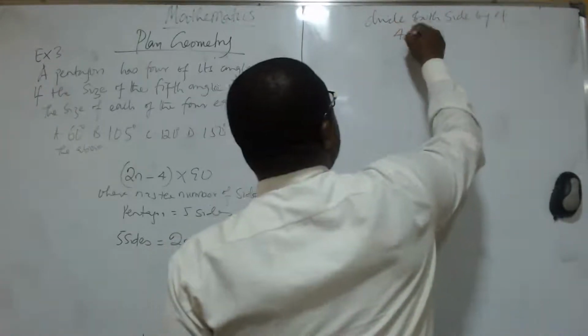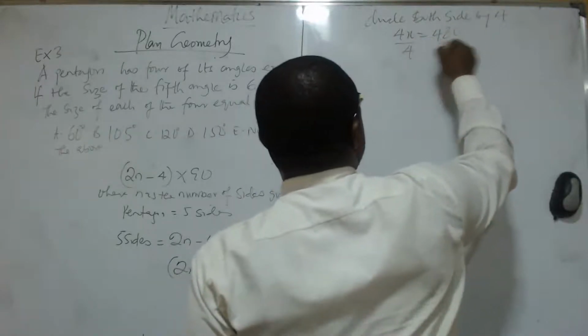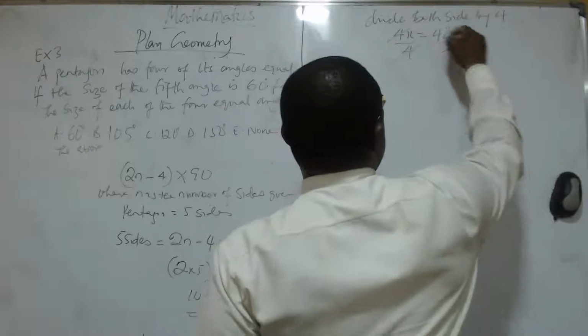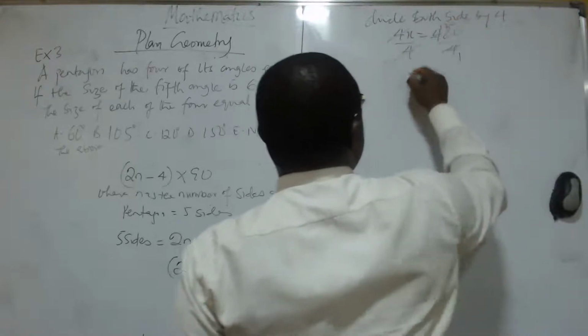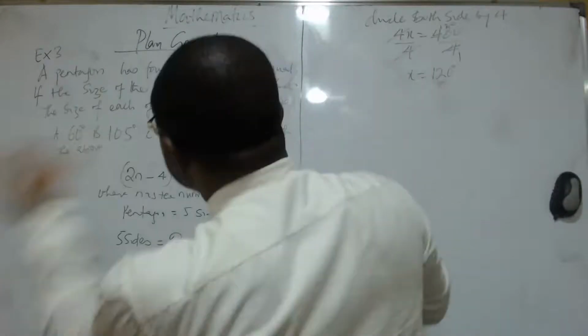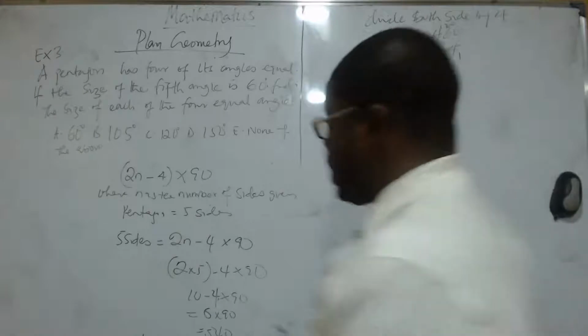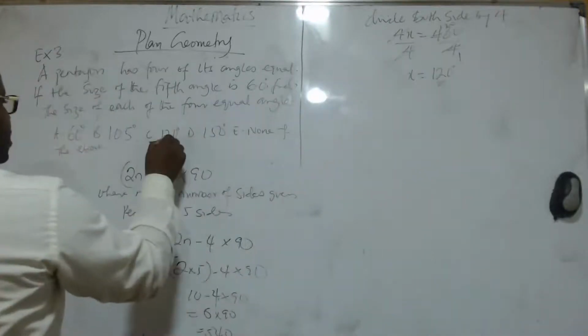So you have 4x over 4 equals 480 divided by 4. This 4 will cancel this 4, and 480 divided by 4 gives 120. So our x is 120. So each of those 4 angles is 120, and that is the answer, C.